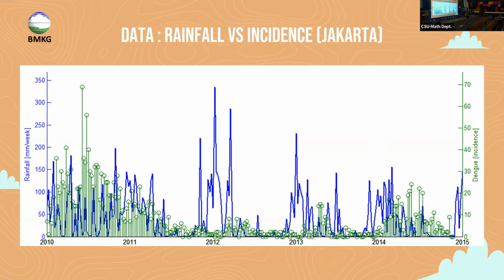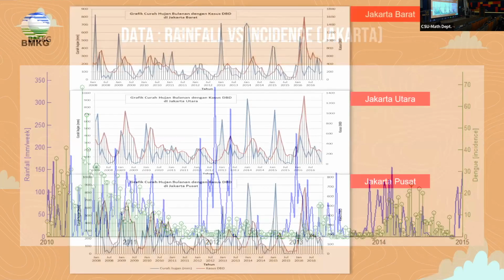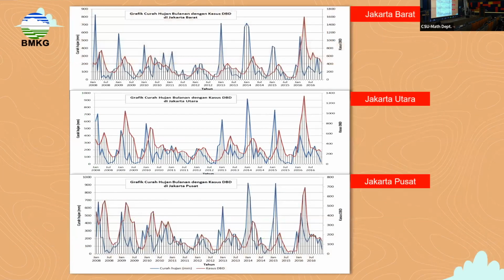Then this is the data. This is Jakarta data. First, we introduce our early warning system using Jakarta data from 2010 up to 2015. And this is the accumulative case. If we decompose to the 5 areas of Jakarta, we have this one, rather similar.